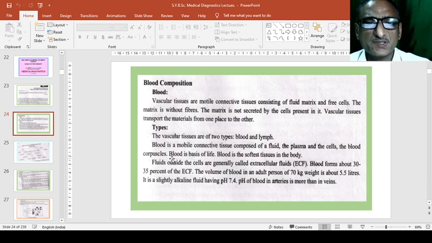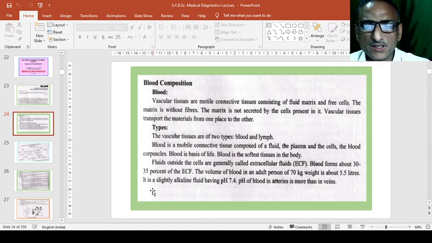So, types of these tissues: the vascular tissues are of two types, blood and lymph. Blood is a motile connective tissue composed of fluid, the plasma, and the cells or corpuscles. Fluid outside the cells is generally called extracellular fluid, but it forms about 30 to 35% of the extracellular fluid.